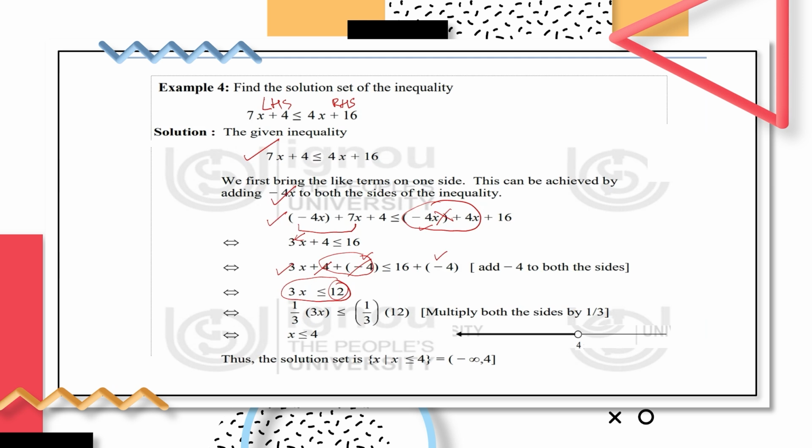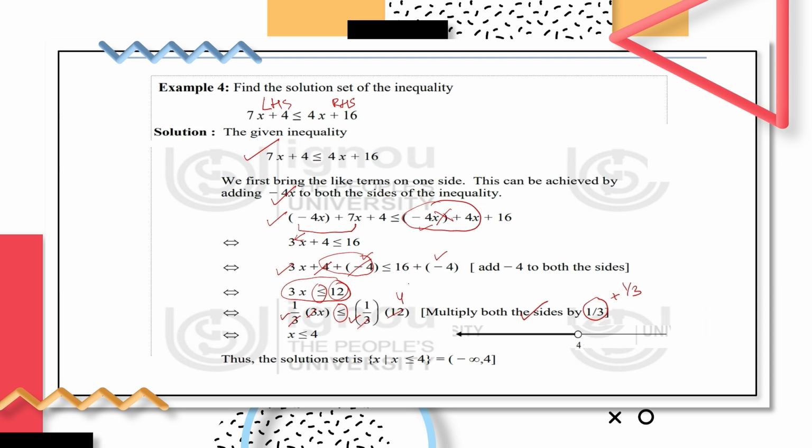Now we are multiplying both sides by a positive number, plus 1 by 3, so the sign of the inequality is not going to change. Multiplying both sides by 1 by 3, the sign stays the same, less than or equal to. On solving, you will find that x is less than or equal to 4.